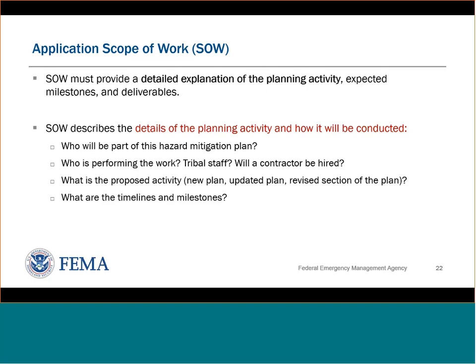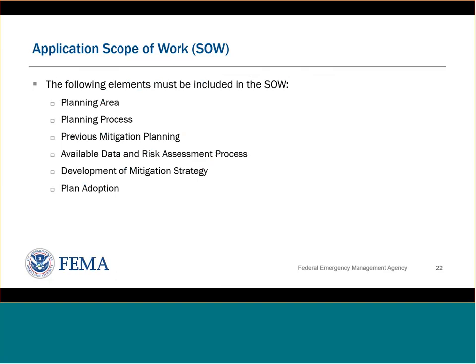Next slide. So the following elements you see here are elements that must be included in your scope of work. These are required, and they are found in the 2015 Hazard Mitigation Assistance Guidance. We're not going to go into these in detail today, but if you have any more questions, the HMA guidance really goes into the various details explicitly about each one of these areas.